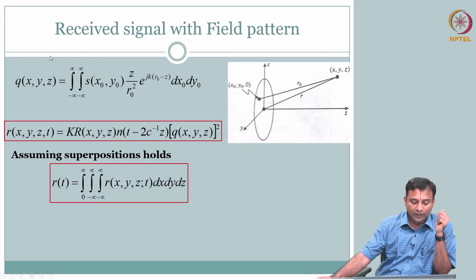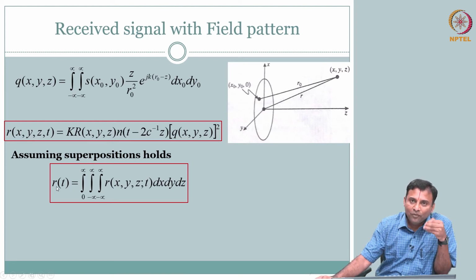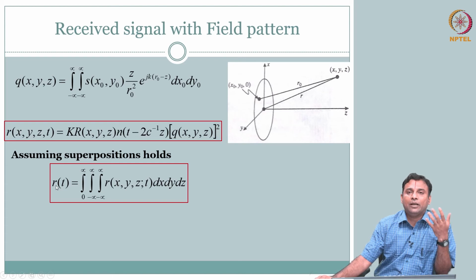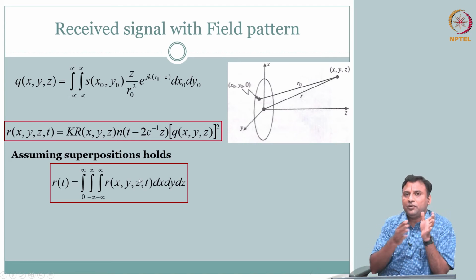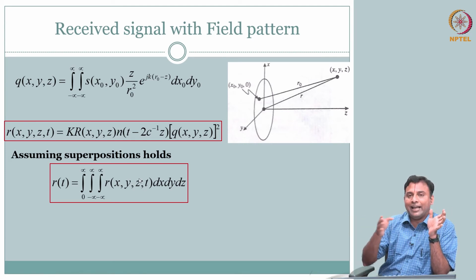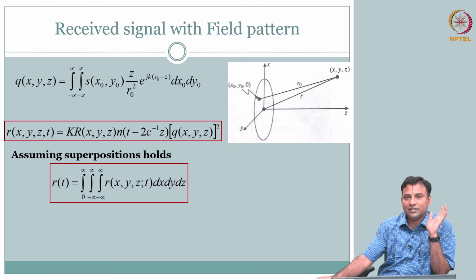Even though it is written as t, you should make that one extra interpretation: the time axis of the R of t that you are receiving is going to be along the direction of propagation in some sense.